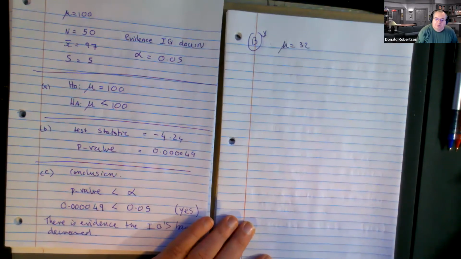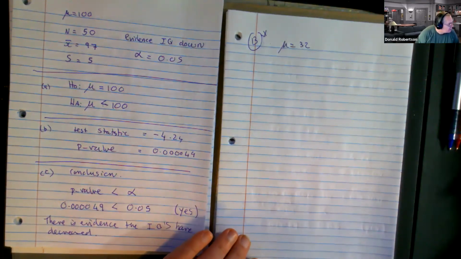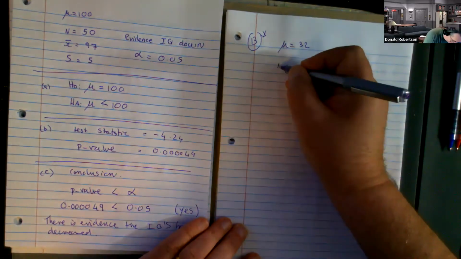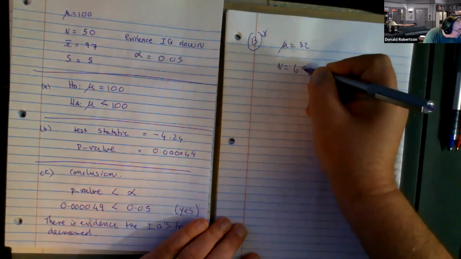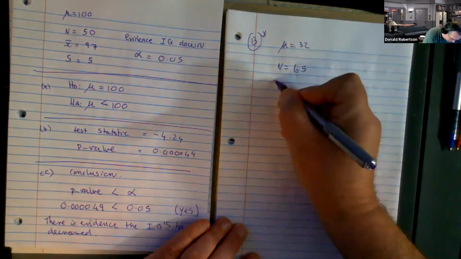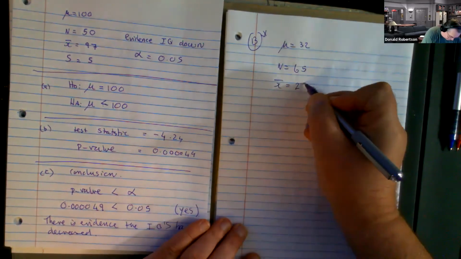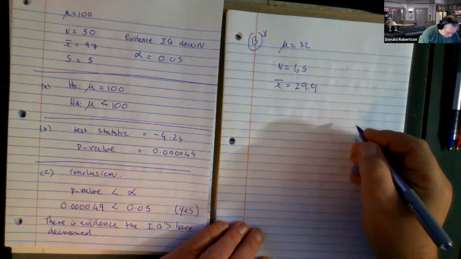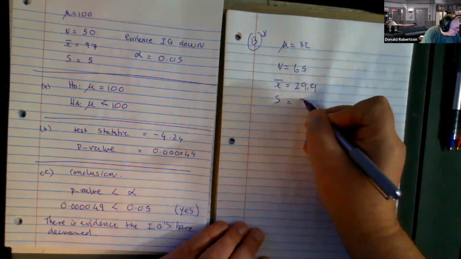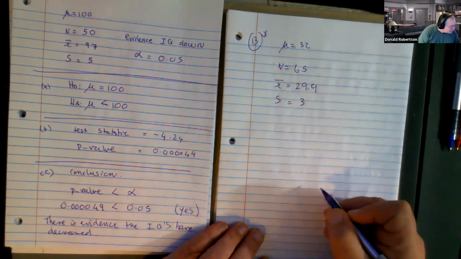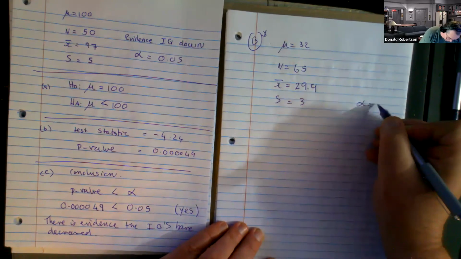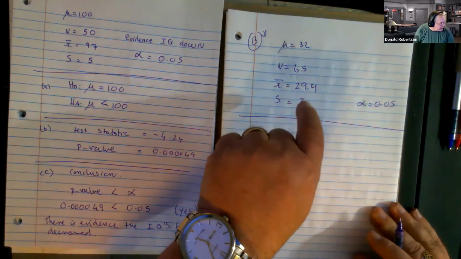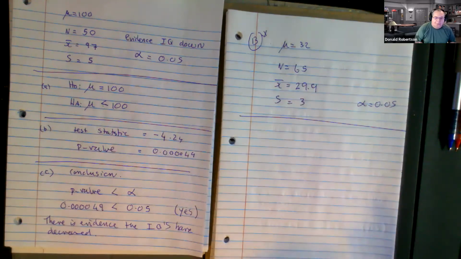A roadside vehicle check stopped 65 cars. They found that the average on those cars was 29.9 PSI, and that the standard deviation was 3 PSI. They want you to see if there's evidence that the average is actually less than it should be, right?